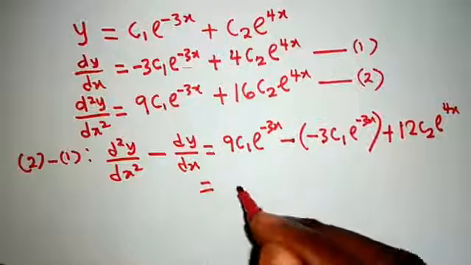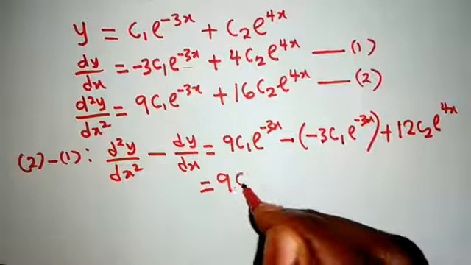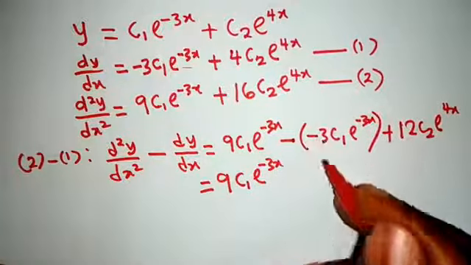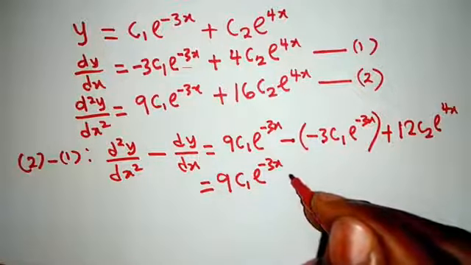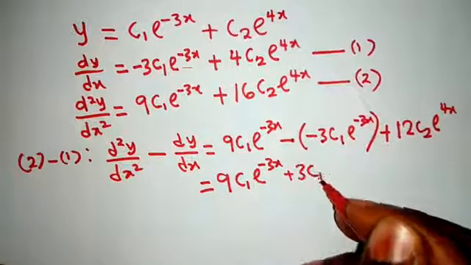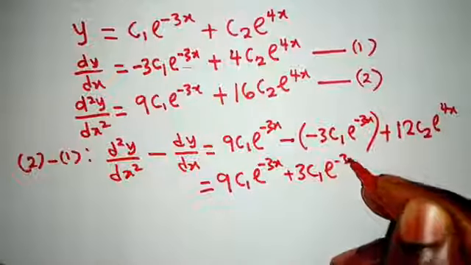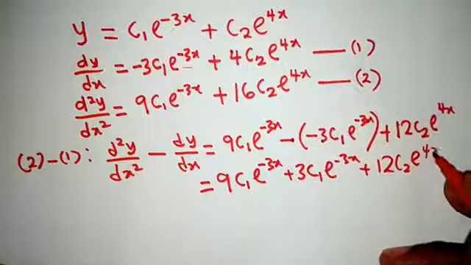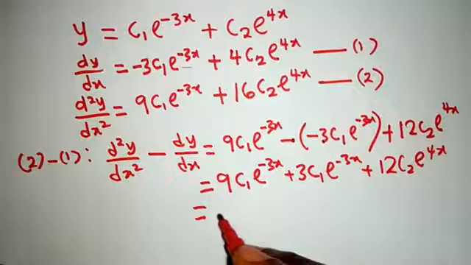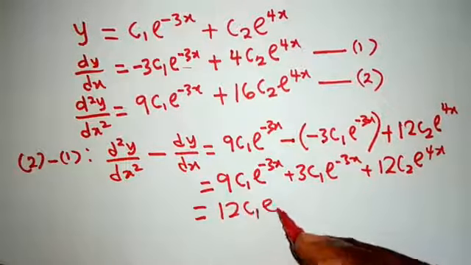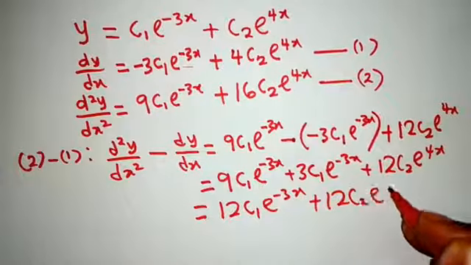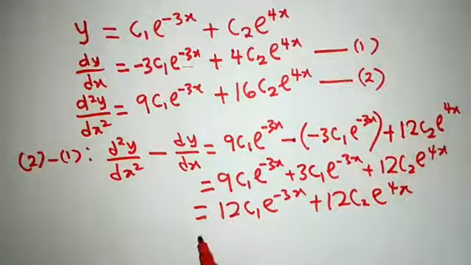And this is equal to 9c1 e to the minus 3x, minus times minus is plus, so we have plus 3c1 e to the minus 3x plus 12c2 e to the 4x. And this gives 12c1 e to the minus 3x plus 12c2 e to the 4x.